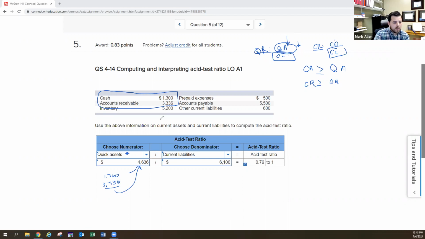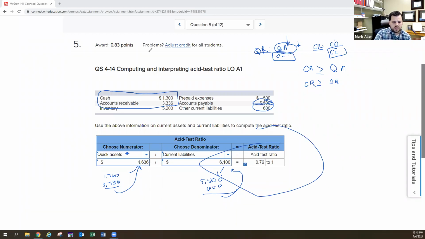And then my current liabilities, of course, being anything that is due within 1 year. They tell me I've got accounts payable of 5,500 and other current liabilities of 600. Adding those two together gives me the 6,100. So this is the 5,500 and the 600 coming down to give me that total right there.